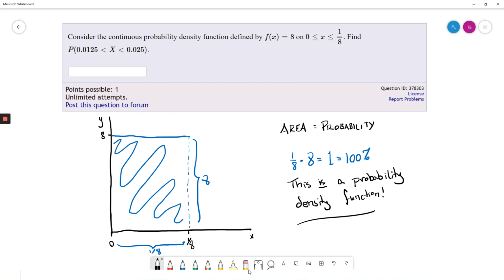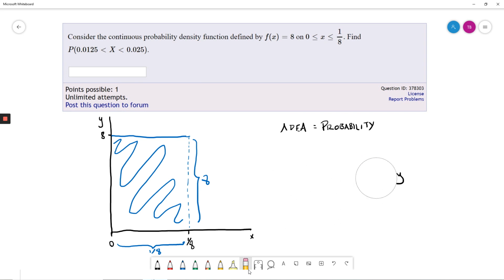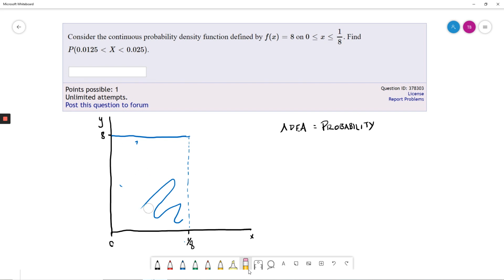We actually want to know what's the probability that x is between 0.0125 and 0.025. Okay, so let's clean this up a bit. Just as before, probability equals area.